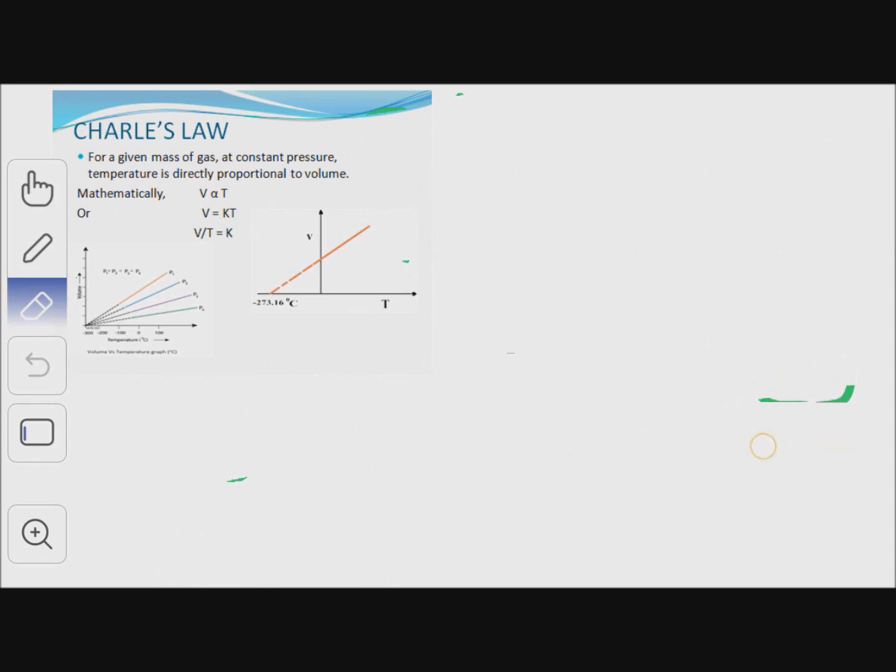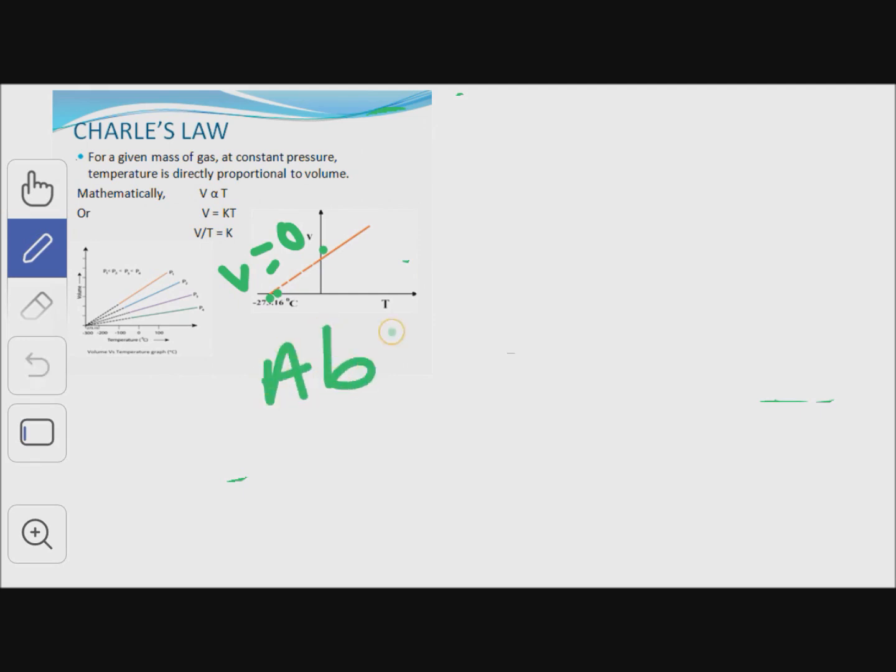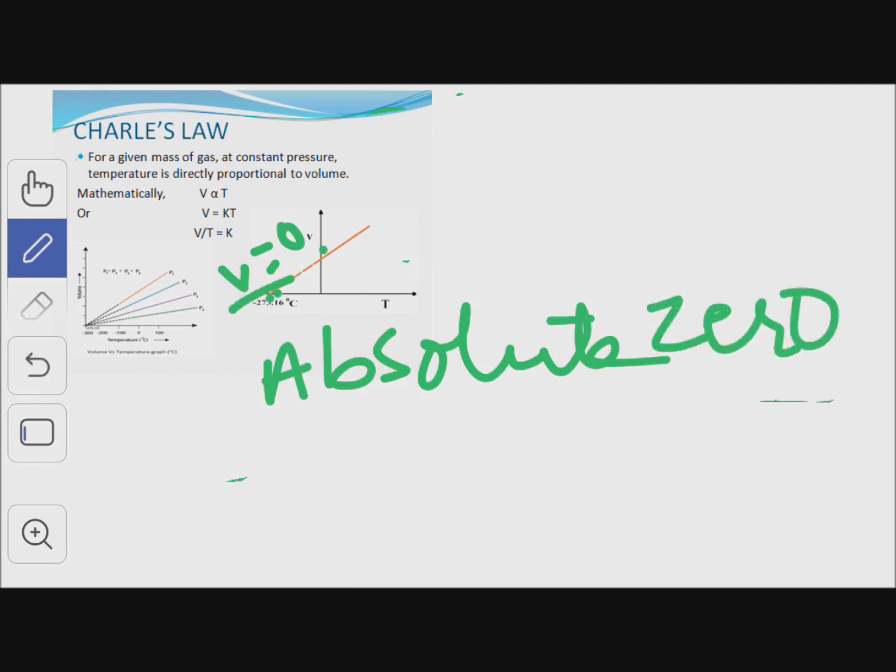And if we extrapolate this line to minus 273.16 degrees Celsius, then the volume of the gas is 0, and this temperature is called absolute zero. The temperature at which the volume of the gas is 0 is called absolute zero.